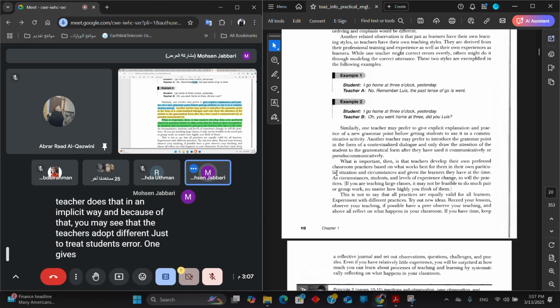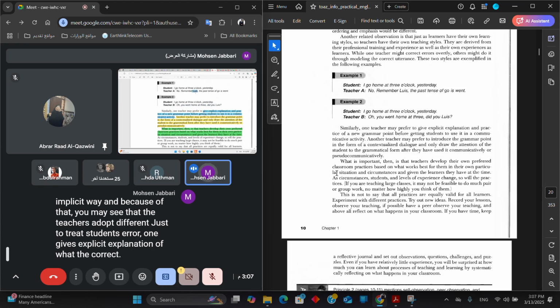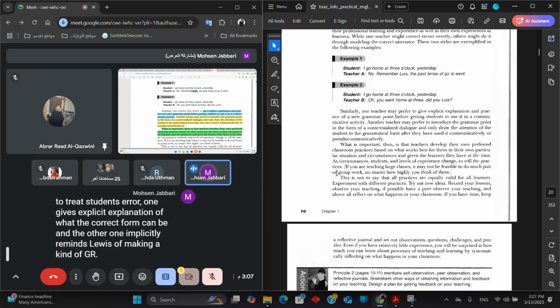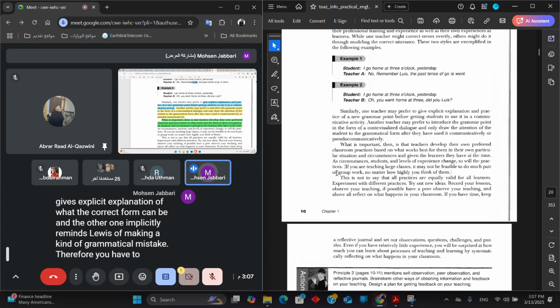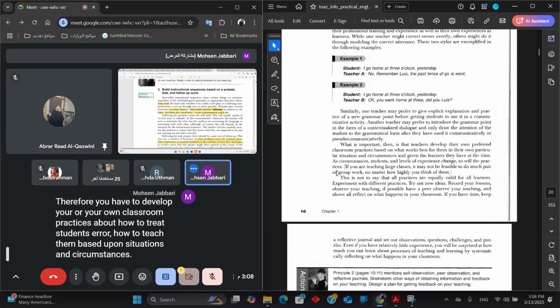One gives an explicit explanation of what the correct form can be, and the other implicitly reminds Louis of making a grammatical mistake. Therefore, you have to develop your own classroom practices about how to treat students' error, how to teach them based upon situations and circumstances.